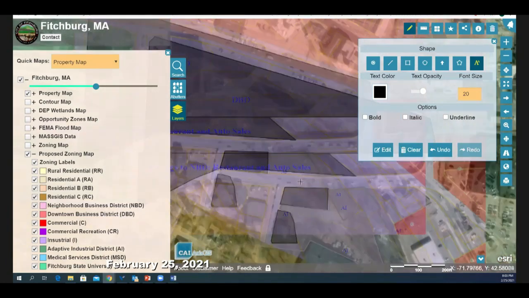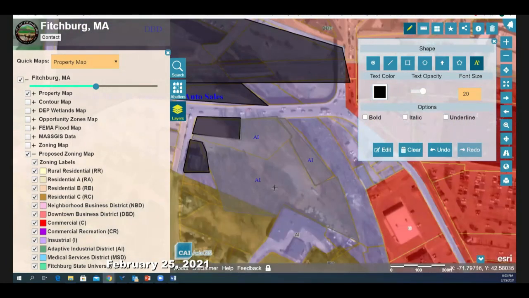Then here we have a bunch of vacant property that's currently zoned industrial and is being used as sort of a contractor's yard. I think that's a fine interim use, but perhaps in the future this area might want some flexibility.